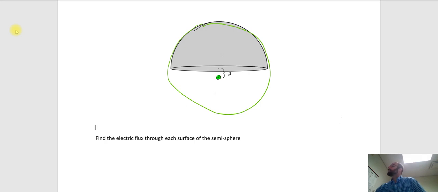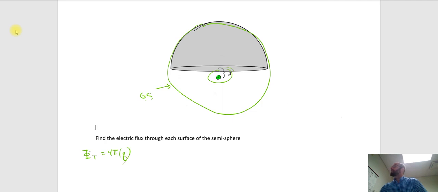This charge is approximately at the center, and it's definitely inside of that Gaussian surface. Now, it's not inside the gray one, but it is inside of our green one. So Gauss's law should give you an expression for the total flux through the Gaussian surface, 4 pi k times the charge inside the surface.